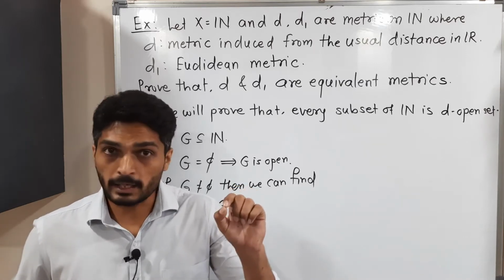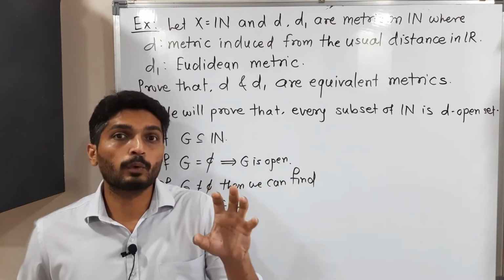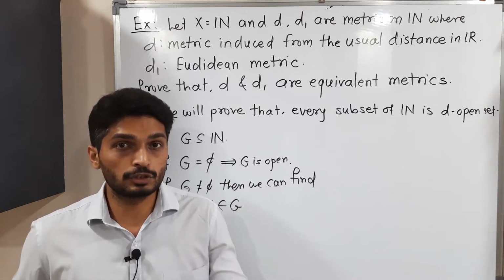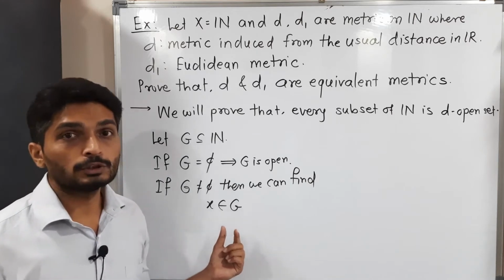If you select any arbitrary point, it is possible to find an open ball around that point which entirely lies inside set G. The same thing I am going to do. So I have taken one point from G.